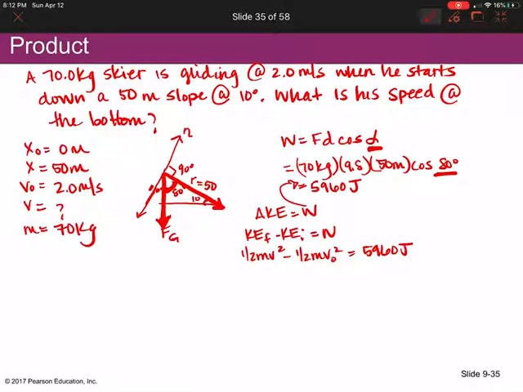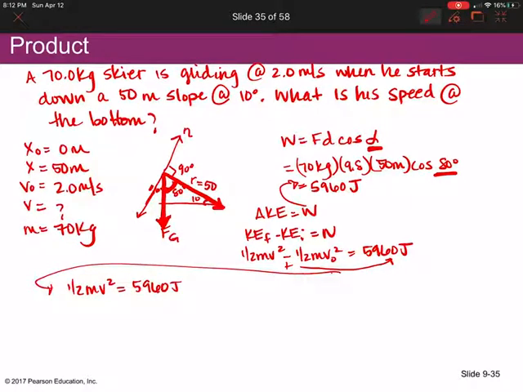So if I go ahead and move this over, so just add that over to the other side, okay? I'm going to move over a little bit just so that I have plenty of room. So I have 1/2 mv squared is equal to 5,960 joules plus 1/2 mv initial squared, and I'm solving for that.